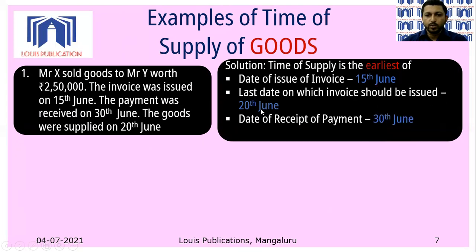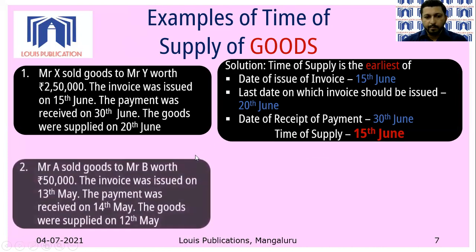So we have 15th June, 20th June, and 30th June. Among the three dates, whichever is earlier, 15th June will be the time of supply for this transaction, because the invoice is issued much earlier than the goods supply as well as the receipt of payment.